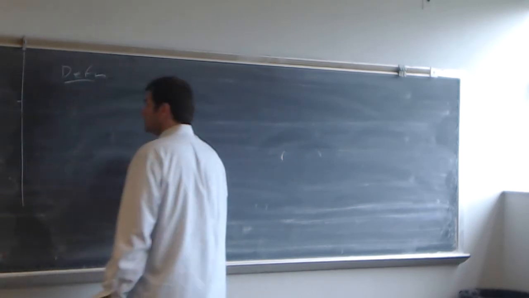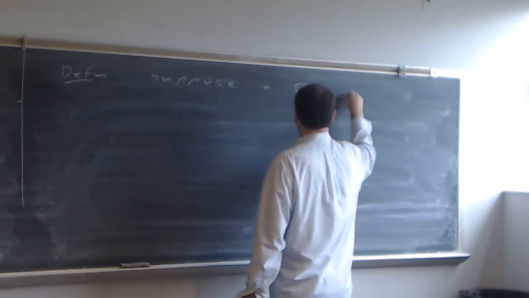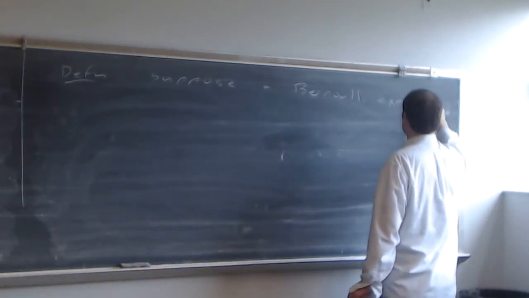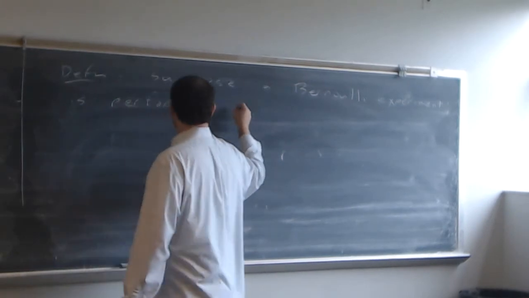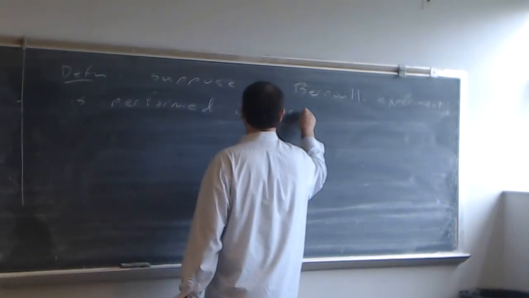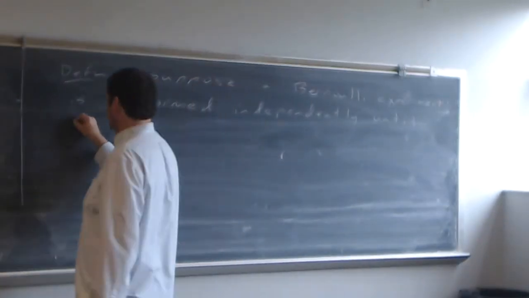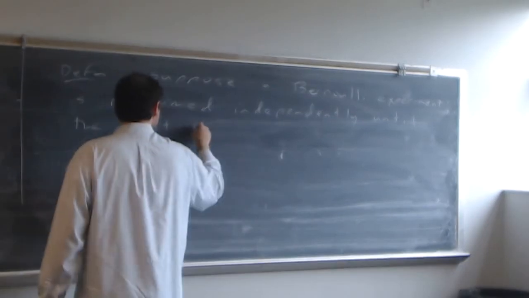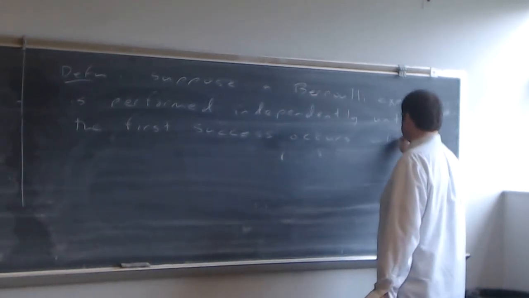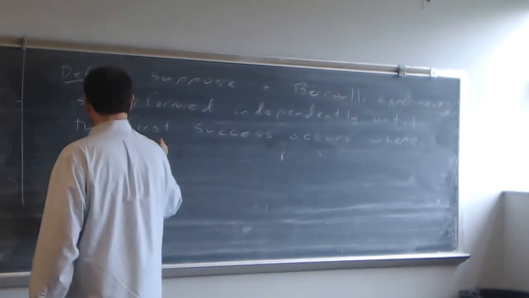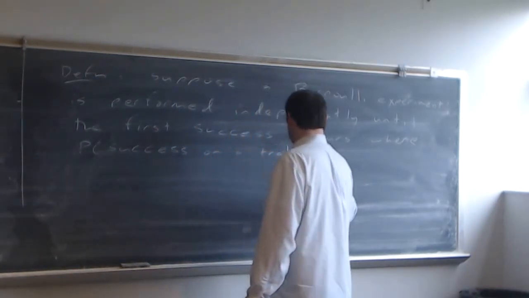Definition. Suppose a Bernoulli experiment is performed independently until the first success occurs, where the probability of success on a trial is represented by a little p.